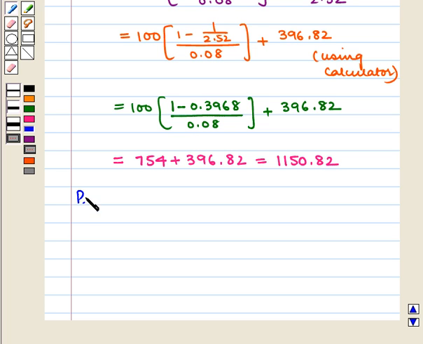So, the price of the bond is equal to $1,150.82.